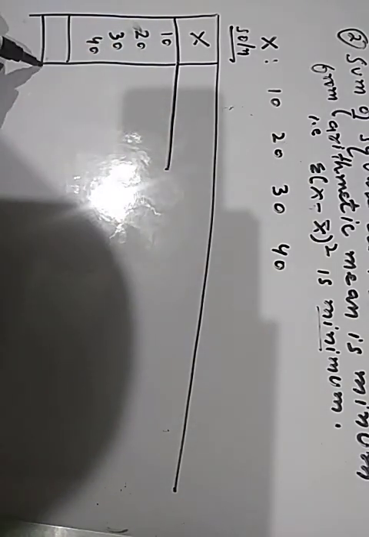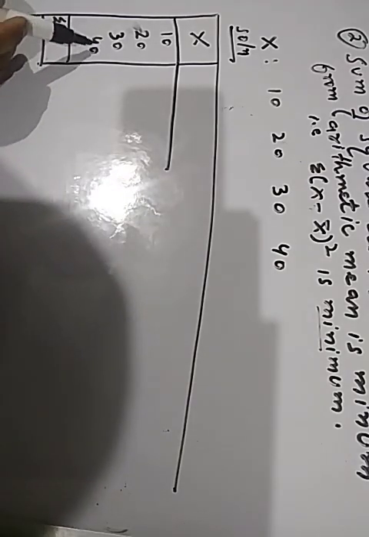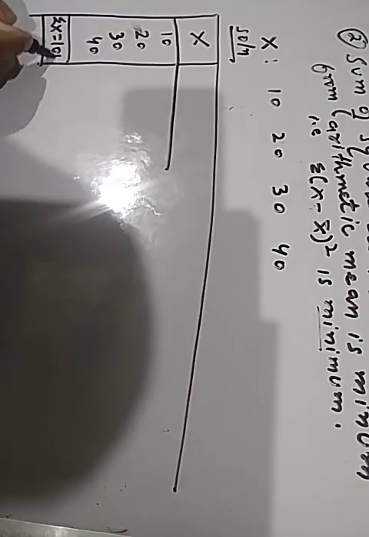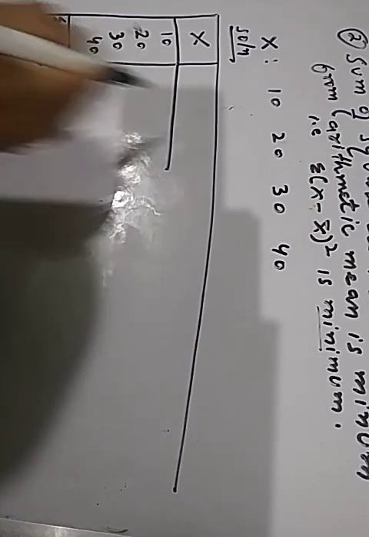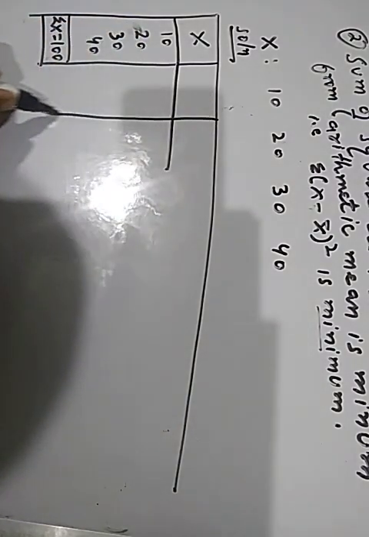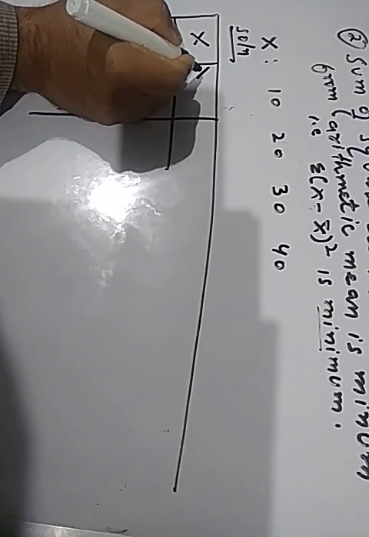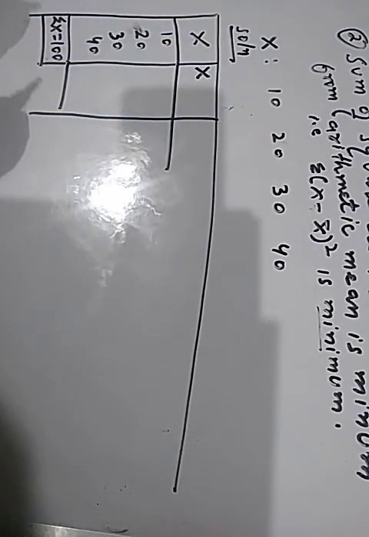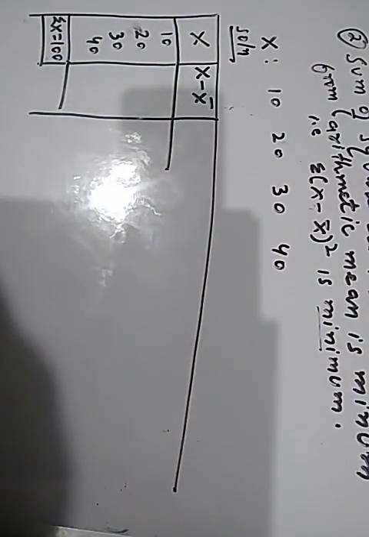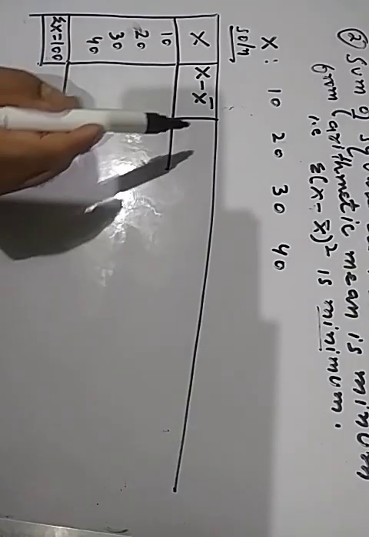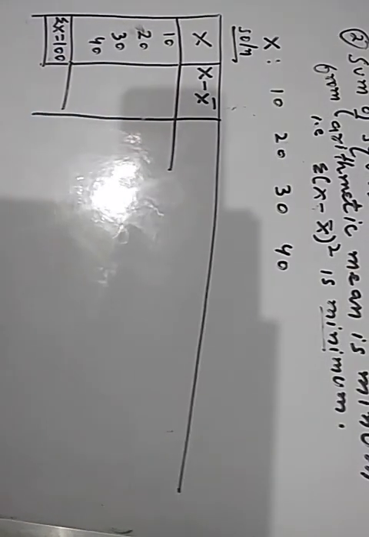And its summation, that is sigma x, will be equal to 100. In the next column, we will obtain the values of deviations taken from arithmetic mean, that is x minus x bar. Therefore, first we have to calculate arithmetic mean, that is x bar.